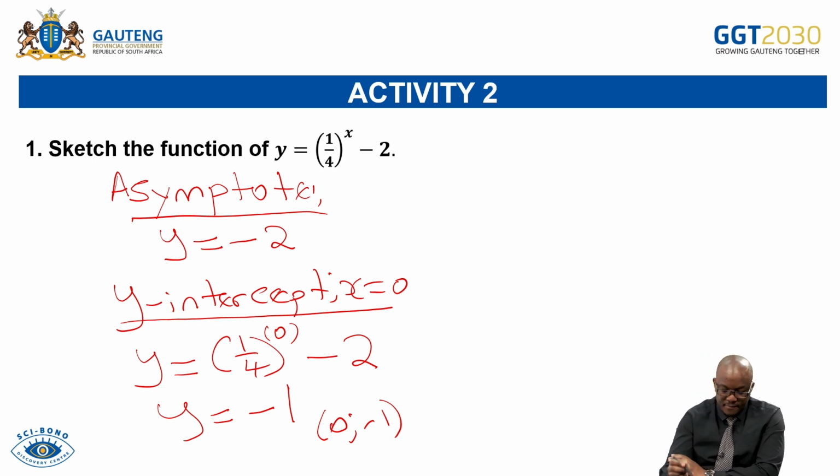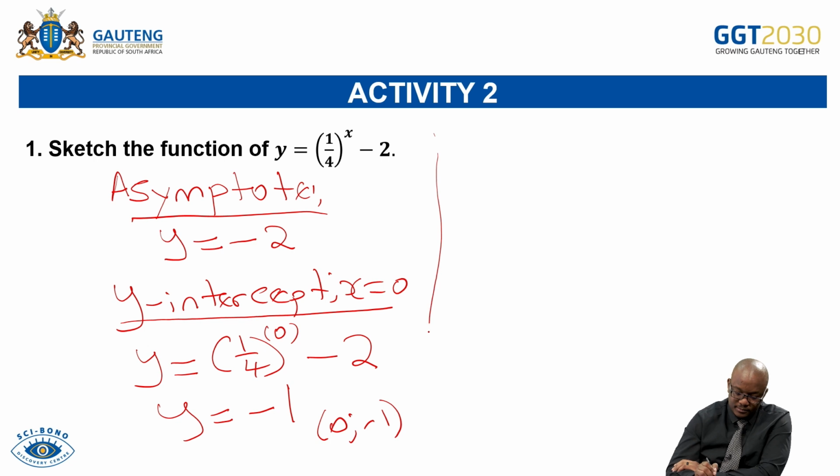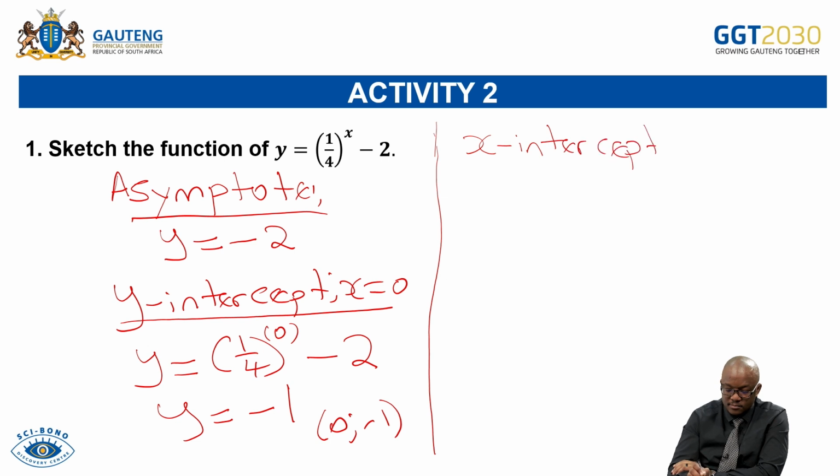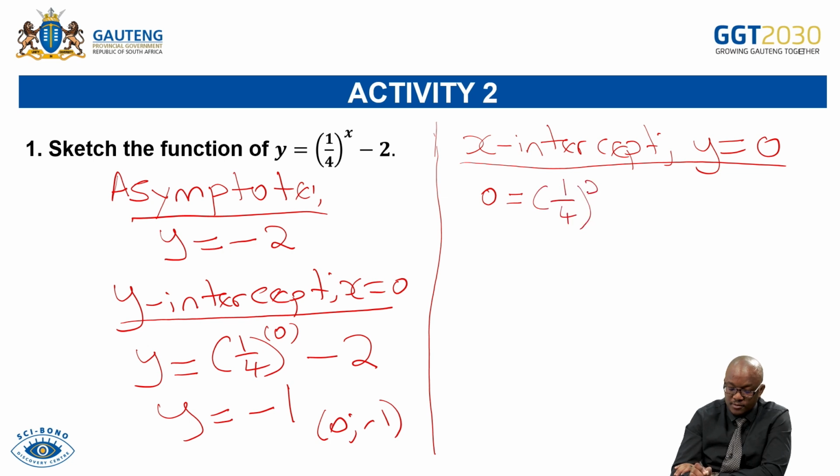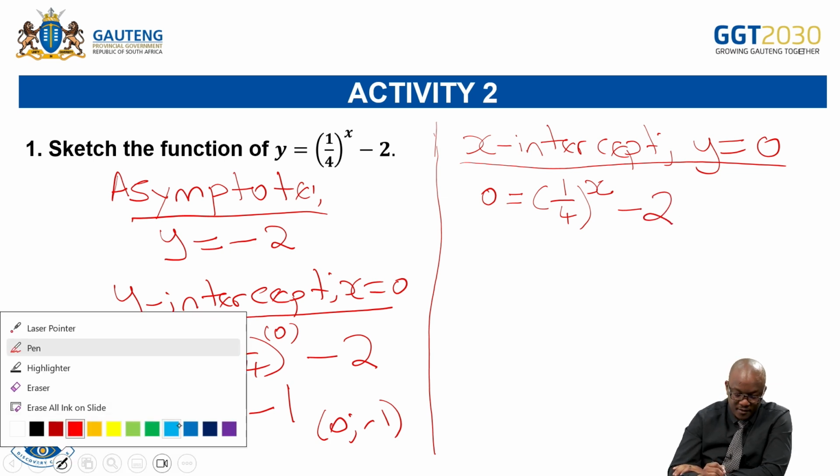Okay? So now, the x-intercept: y is equal to 0. In this case, we have 0 equal to 1/4 to the exponent of x minus 2. We apply the very same method.